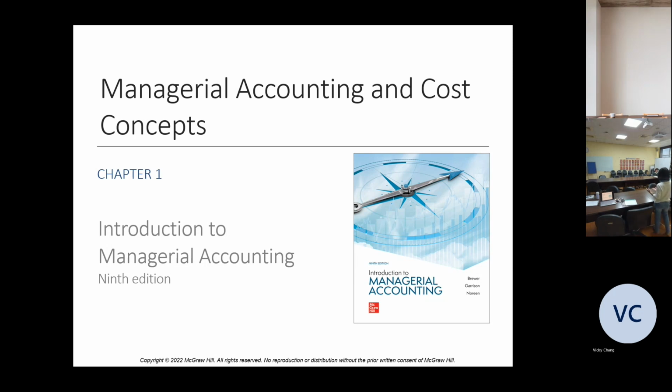Internal cost, external cost, fixed cost, variable cost, material cost, product cost. Yeah, very good. You can think about all the costs, but you have to know the classification of the cost. And this chapter is to help you to identify the cost.